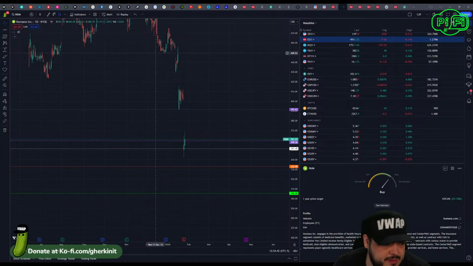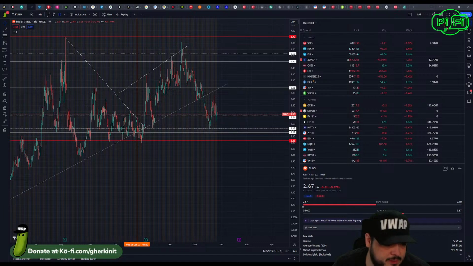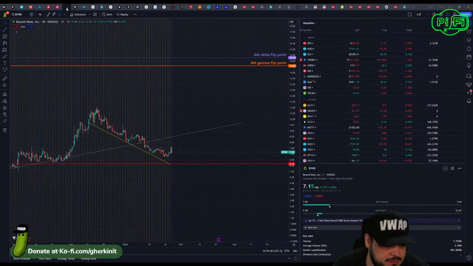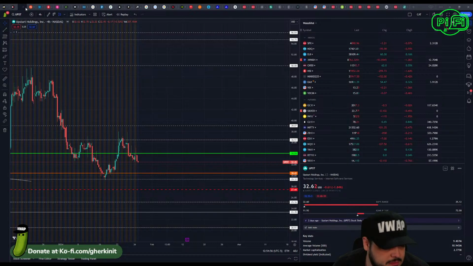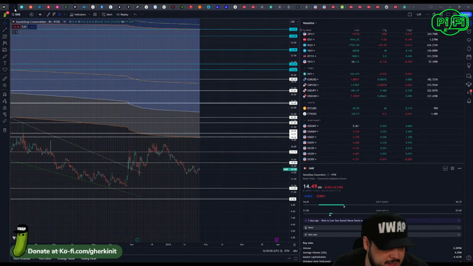But yeah, I don't think like Fubo or Beyond or anything's going to be very important right now. Upstart's not quite below delta neutral yet, so that can find support here at 3250 or right around 3250.